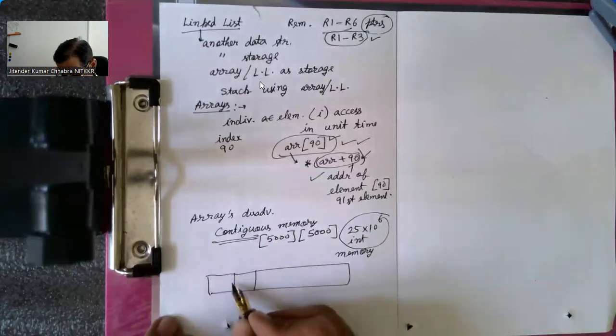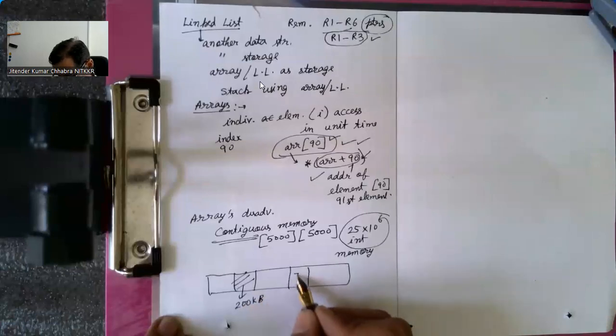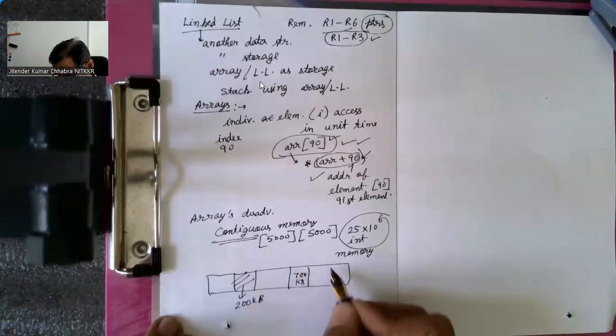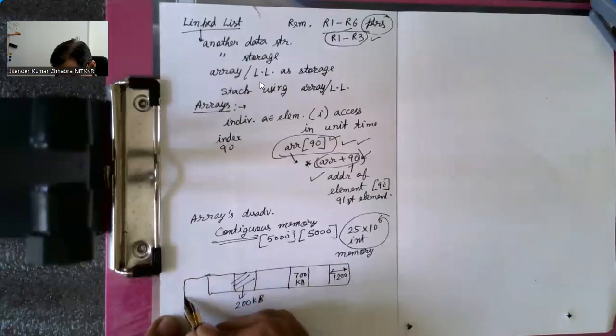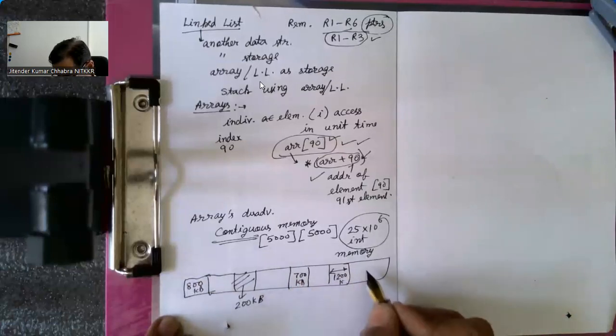It might happen that I have some free memory here, let's say 200 KB, then somewhere else 700 KB, somewhere else 1200 KB, somewhere here 800 KB. Totally, you can see I have around 3000 KB available. Somewhere here I can have 500 KB.